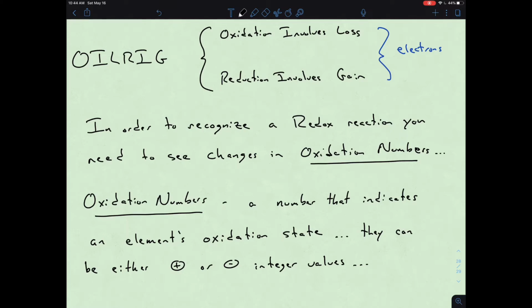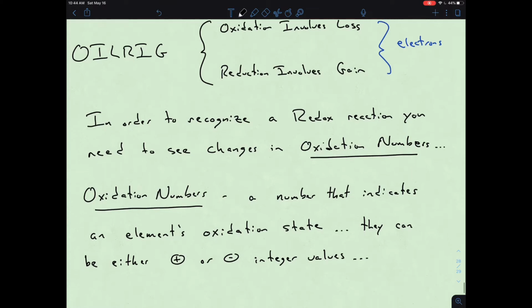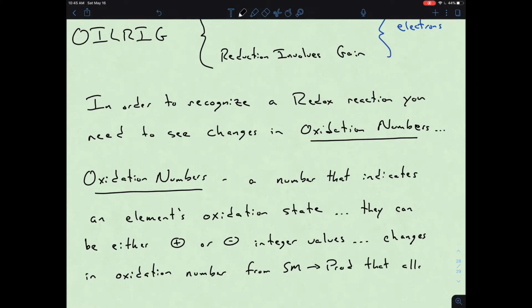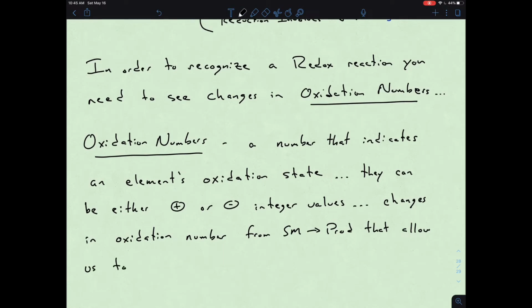You're going to see +1, +2, +3, or -1, -2, -3, etc. And it's changes in oxidation number in going from starting material to product that basically allow us to know what is being reduced and what is being oxidized.